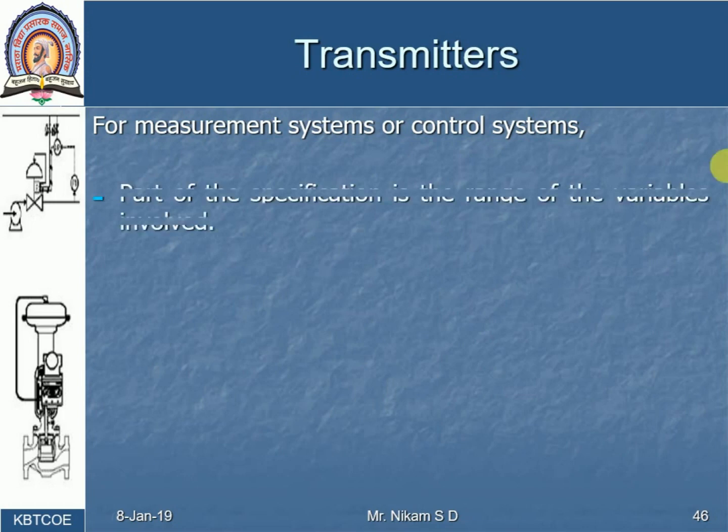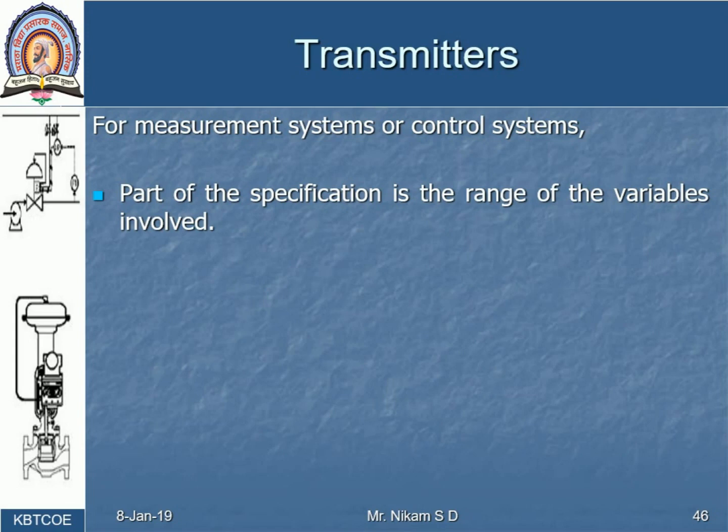So in that, the first thing you have to define from the specification point of view is my range, which I have already explained. When I sense a temperature, a pressure, or a level, maybe it is from 0 to 100 mm or 100 cm or 1 meter.